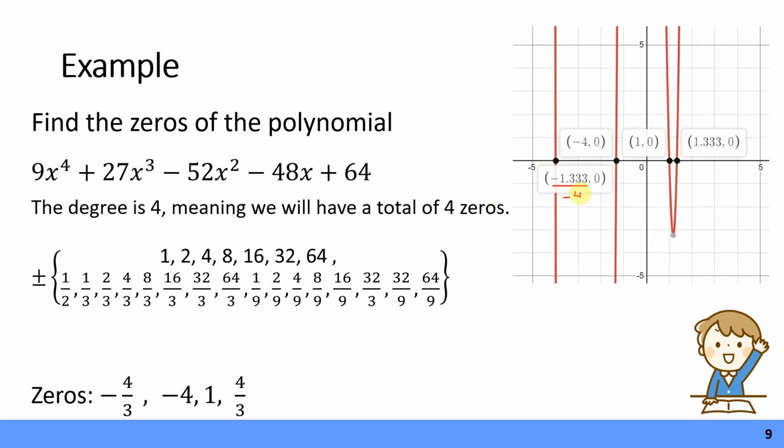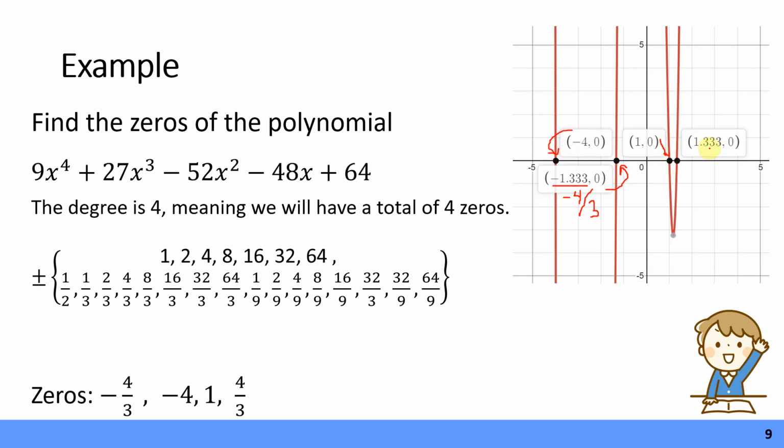And if you have no idea how I did that, just grab your calculator, divide negative 4 by 3, and you get negative 1.3333, right? So that means that's the first zero. This one right here ended up being, actually this one belongs to this one, sorry. This one is negative 4. This one belongs to this one, which we already found was negative 4/3. This one is at 1.